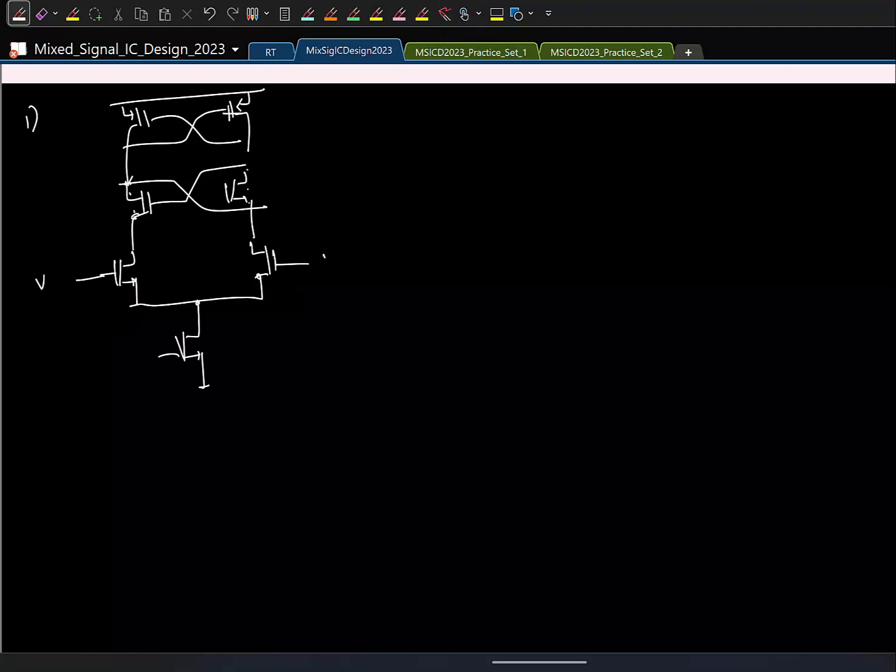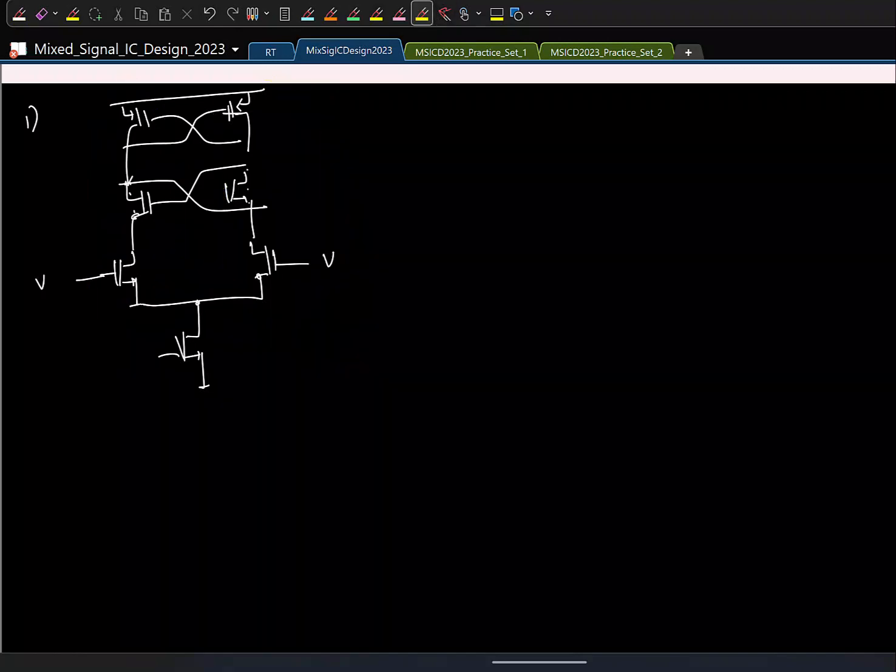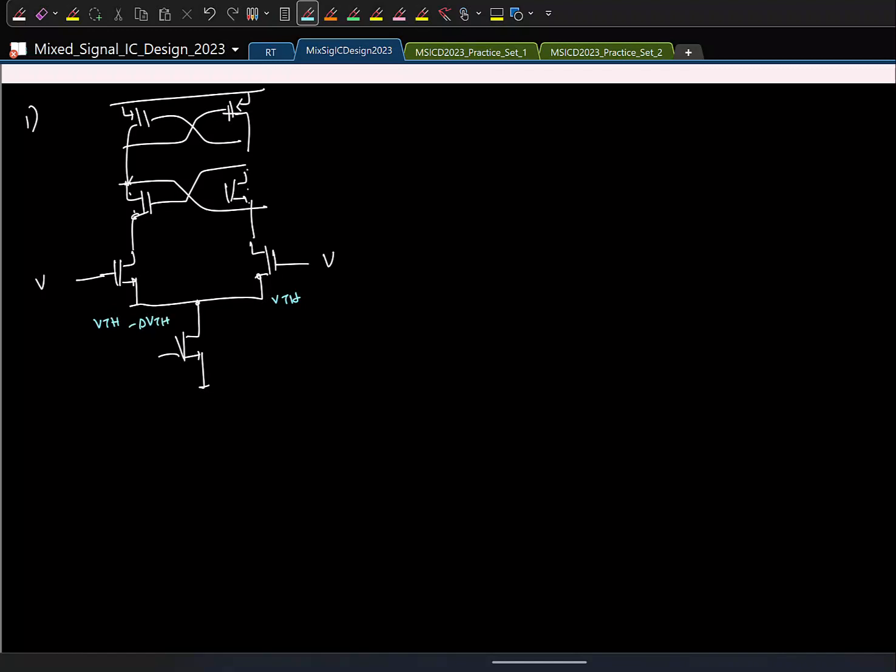Let us say I apply the same input V to both inputs. Ideally, if there is no mismatch, both these halves are identical. So what can you say about the two outputs here? They will be the same. In fact, for a zero input, the comparator's output is not defined, right? But if there is a mismatch, so let us say this transistor has some threshold of VTH, and this has a slightly smaller threshold.